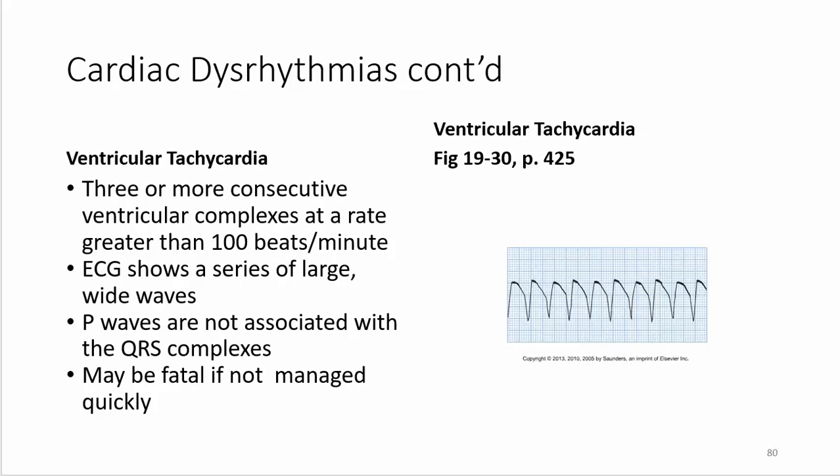Now, ventricular tachycardia is very, very serious. The ventricular systole happens at greater than 100 beats a minute. Now, and only the ventricle. And this is as opposed to just tachycardia. So you get these really wide waves in the ECG. The P waves are buried in it if they're happening at all.